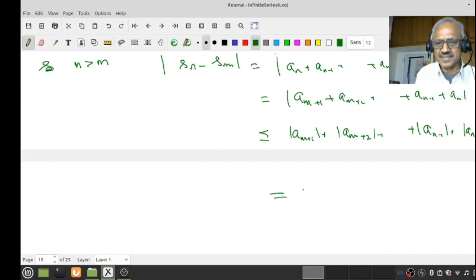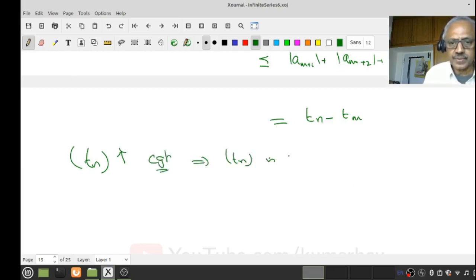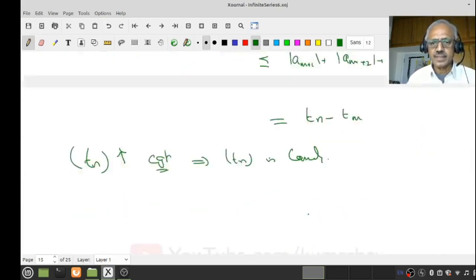This is nothing other than T_n minus T_m. Is it correct? Yeah. Now what do I know about T_n? Of course they are increasing, but most importantly this is convergent. Therefore T_n is Cauchy. Alright?